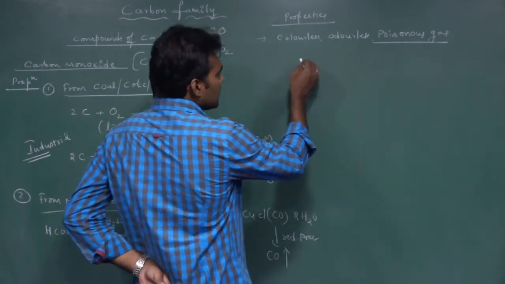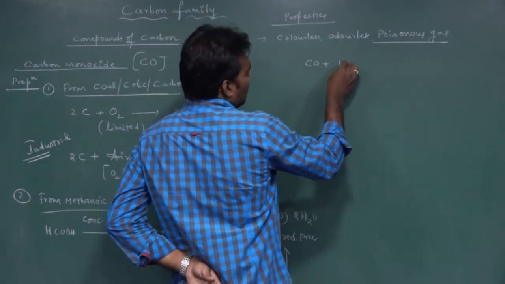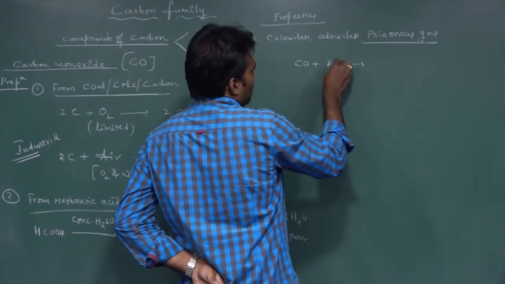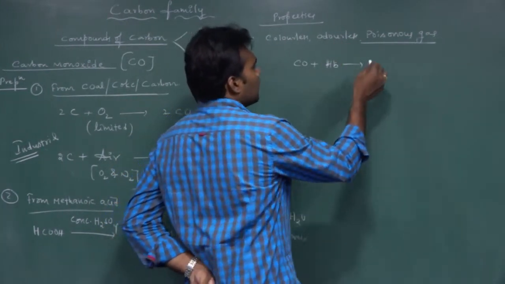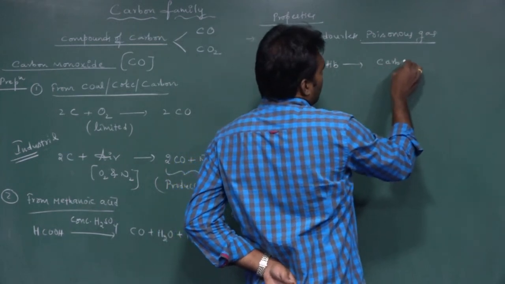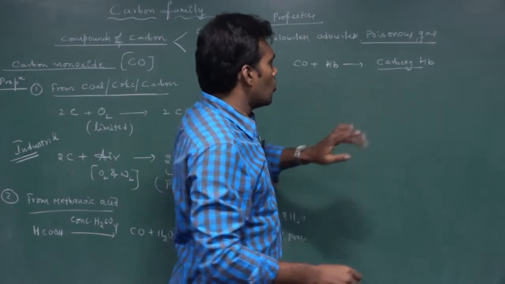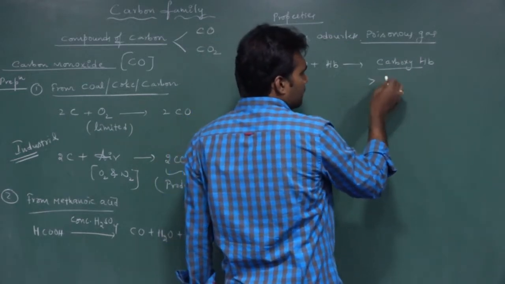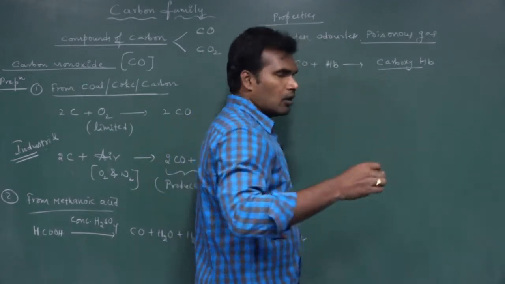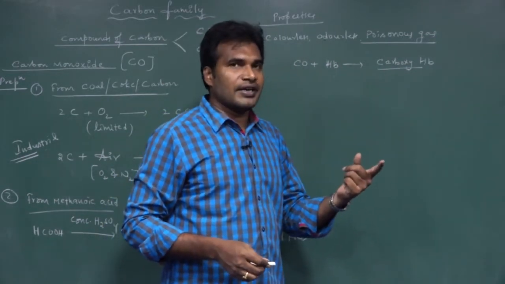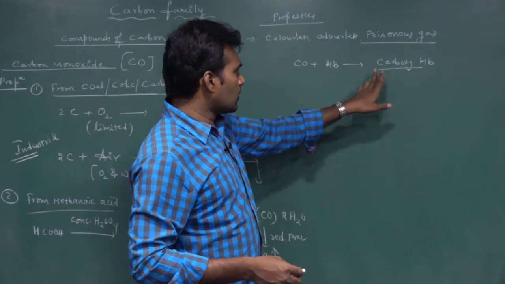Carbon monoxide mixed with hemoglobin, Hb, gives carboxyhemoglobin, and carboxyhemoglobin has around 300 times more affinity than oxyhemoglobin.